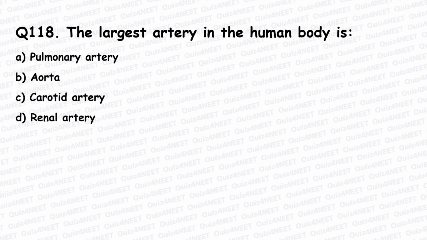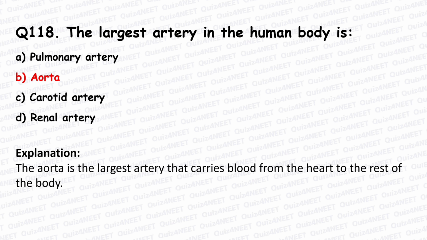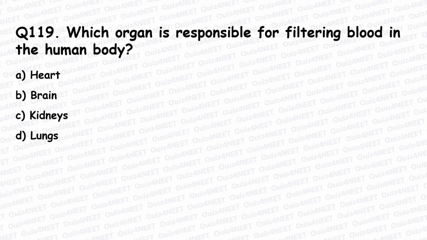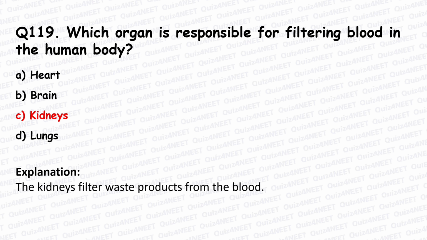Answer: aorta. Explanation: the aorta is the largest artery that carries blood from the heart to the rest of the body. Q119. Which organ is responsible for filtering blood in the human body? A. Heart, B. Brain, C. Kidneys, D. Lungs. Answer C. Explanation: the kidneys filter waste products from the blood.